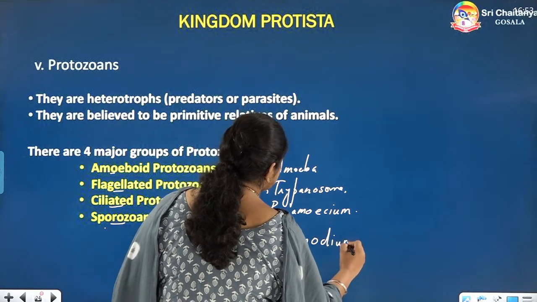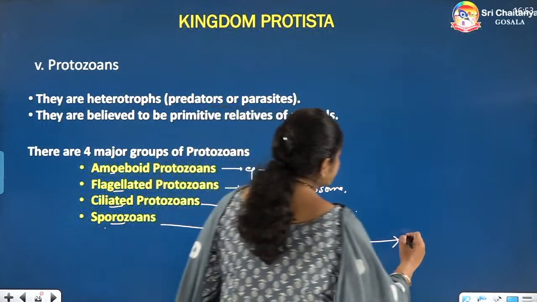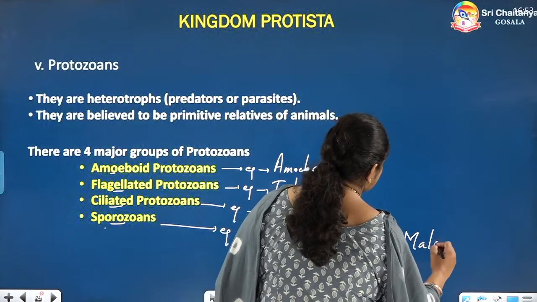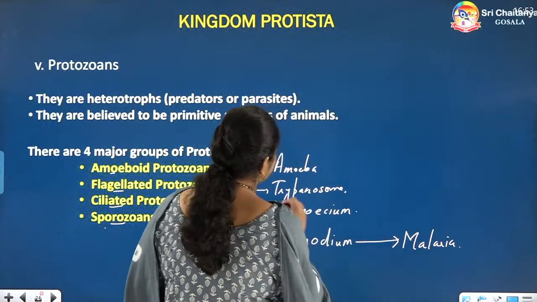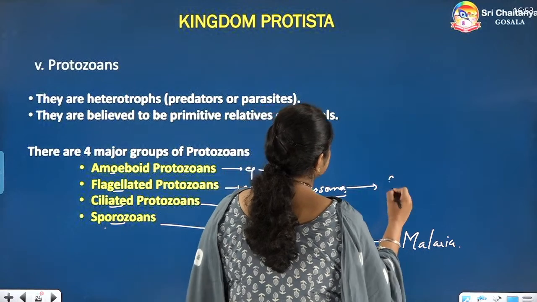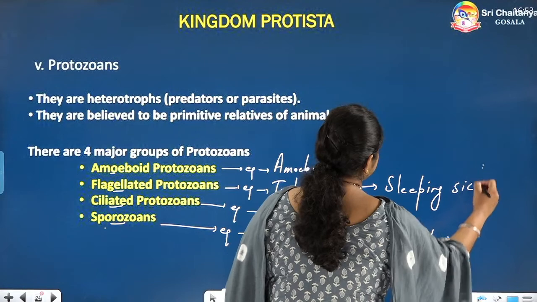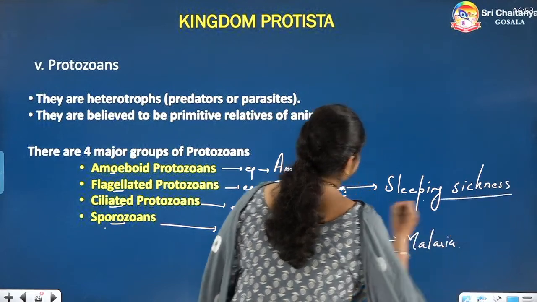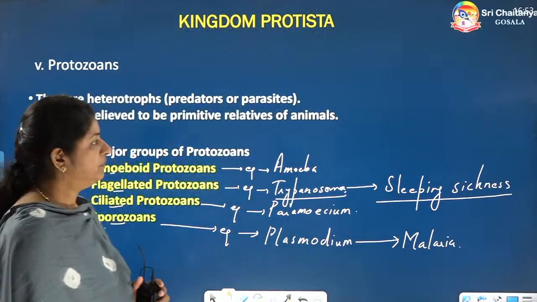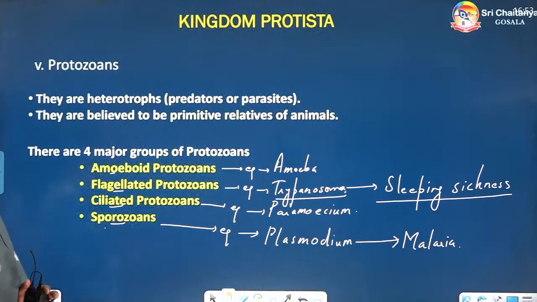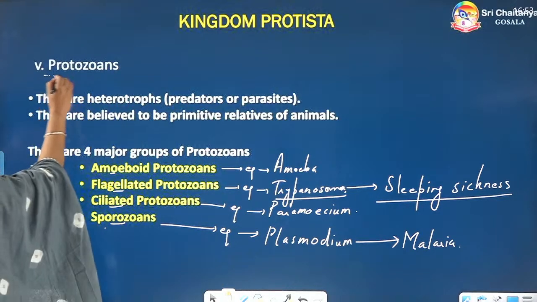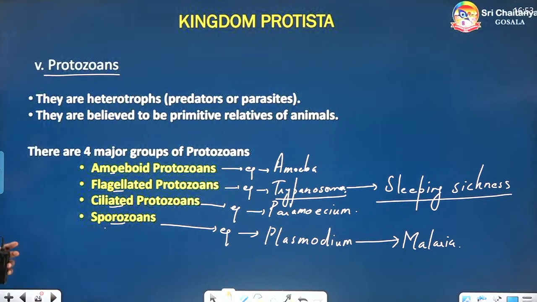Keep in your mind, this Plasmodium is causing malaria as a problem, and Trypanosoma is causing sleeping sickness, some of the diseases, right? So here the kingdom Protista, these protozoans are further subdivided, right?